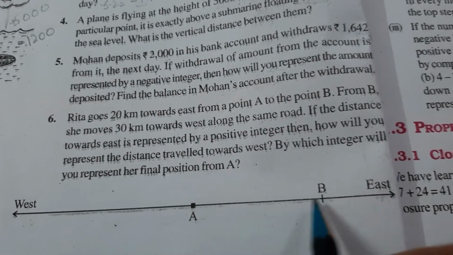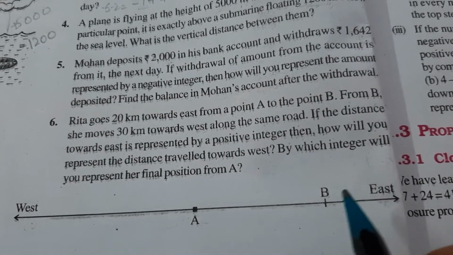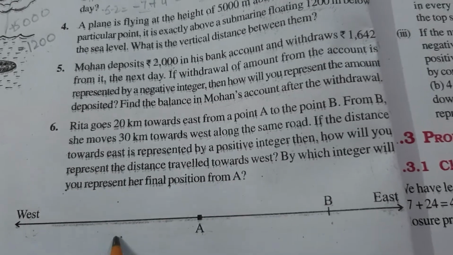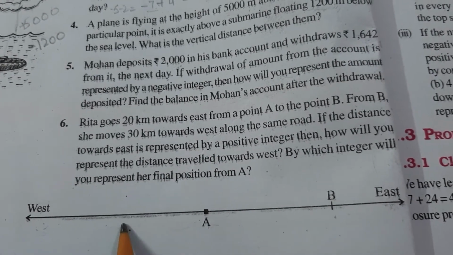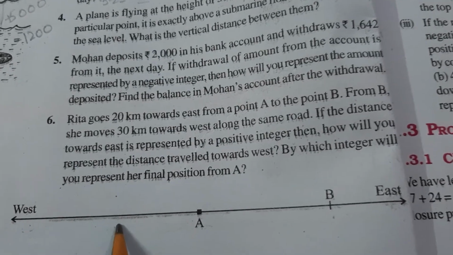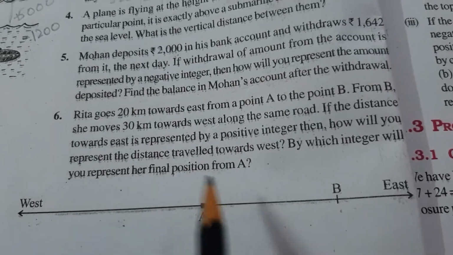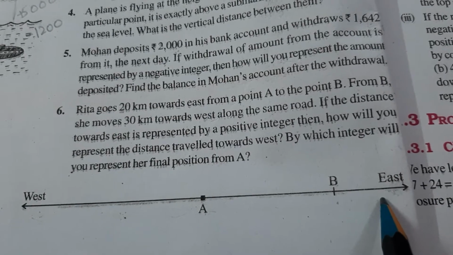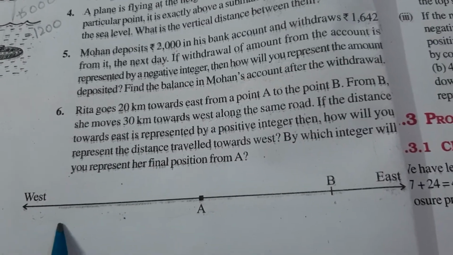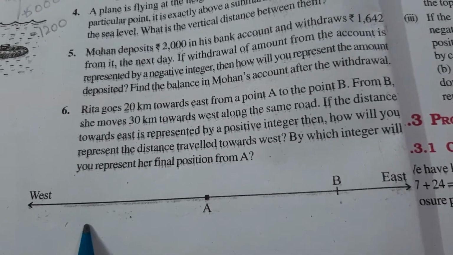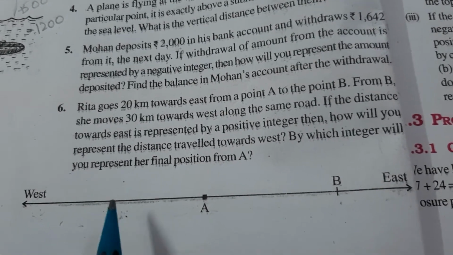So it is understood that the opposite of this side will be negative integers. If east is representing positive, then definitely the west direction will represent negative integers. Clear? This is the answer of the first part.